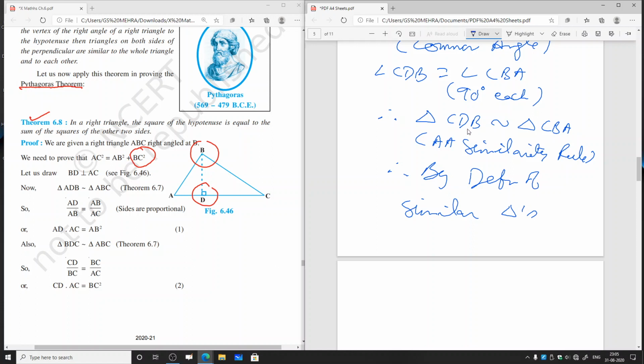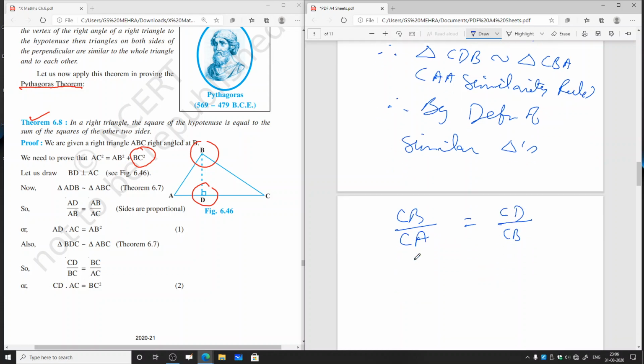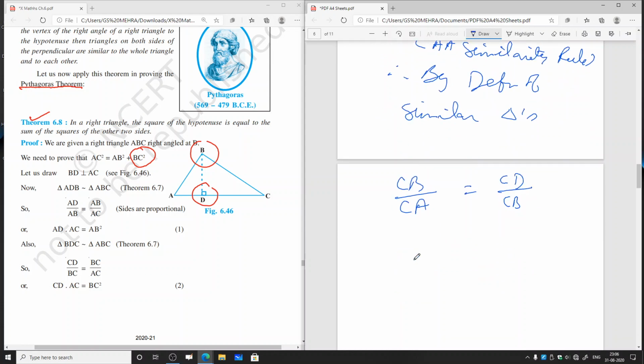So from the first triangle we take CB over the corresponding side of CB in the other triangle, which is CA, equal to CB from the second triangle in the denominator, and the corresponding side in the first triangle is CD. Cross multiplying, we get CB square.